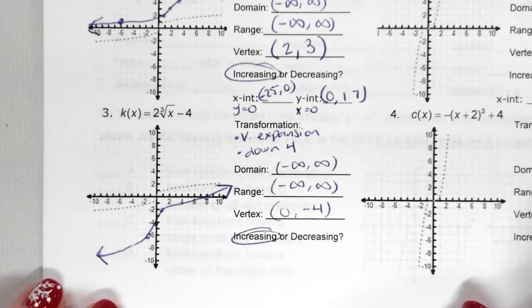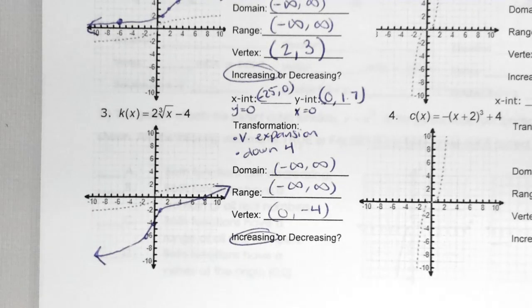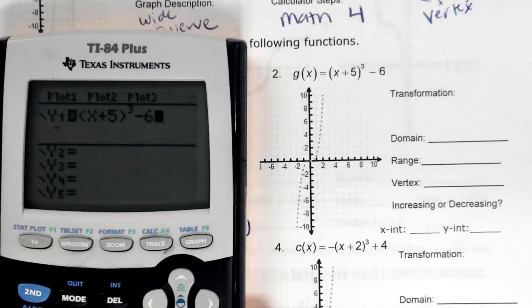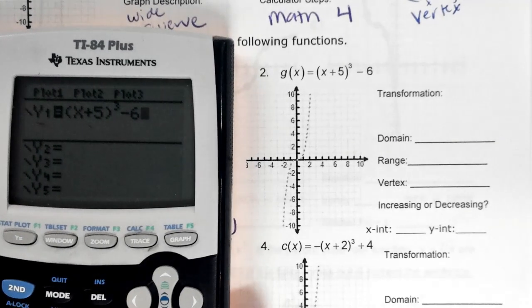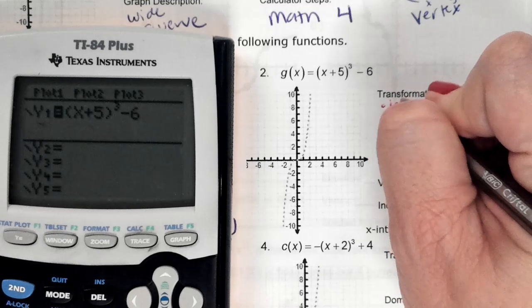Okay, so now let's look at our cubes. So looking at number 2. What's going to change on this one? What transformations? Left 5.